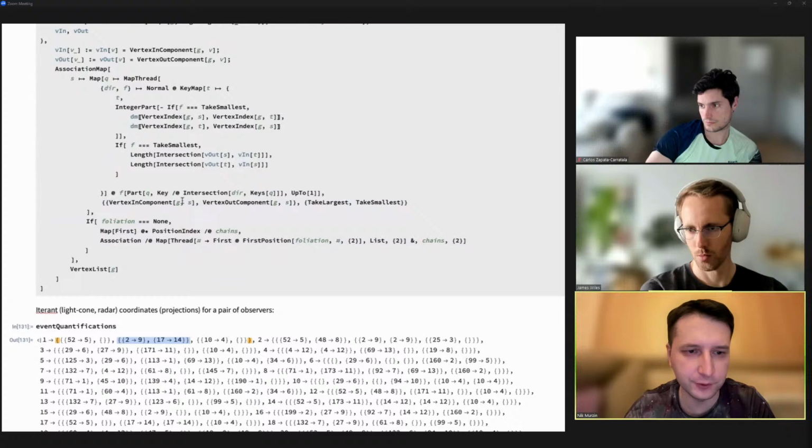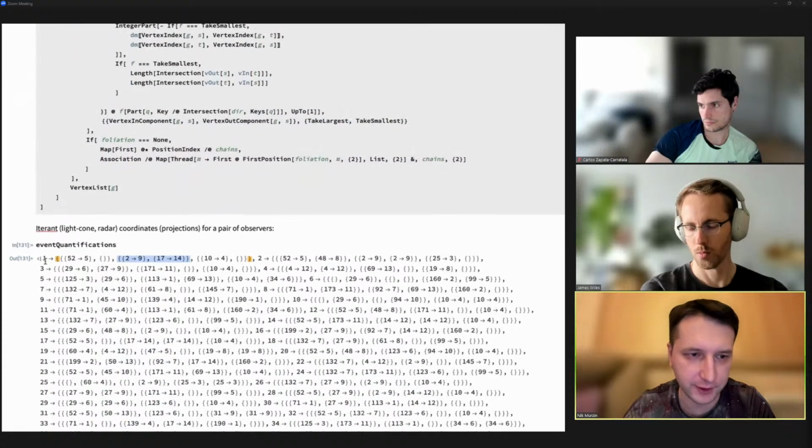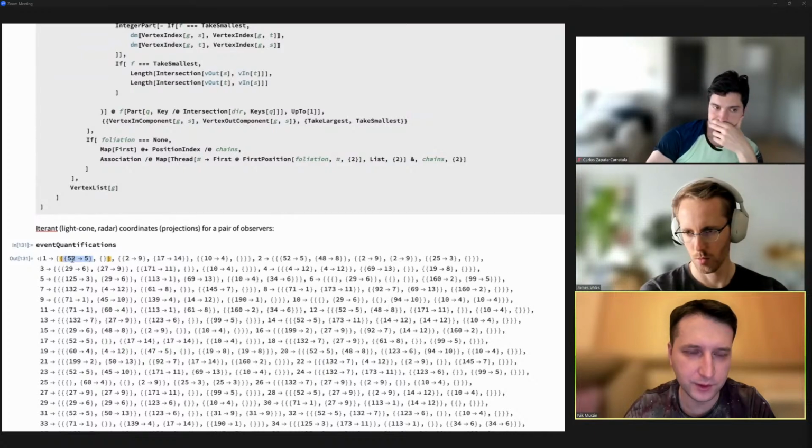Then I walked through this causal graph, and for every event like this 1, 3, 5, for every observer, I quantified where the projection happens. So the first pair is, I guess, the actual event on the chain, and this is the event on the other.